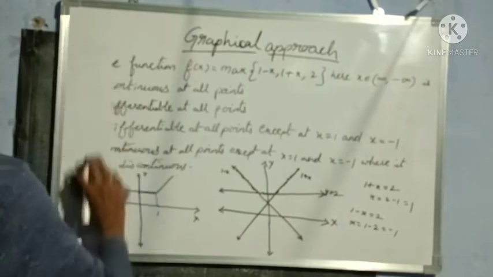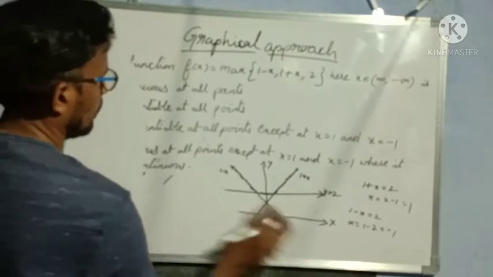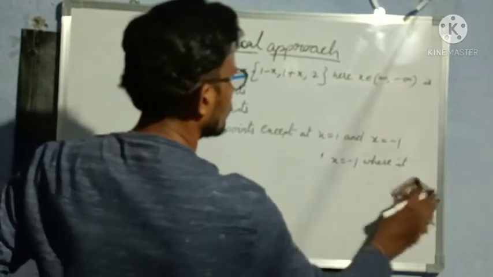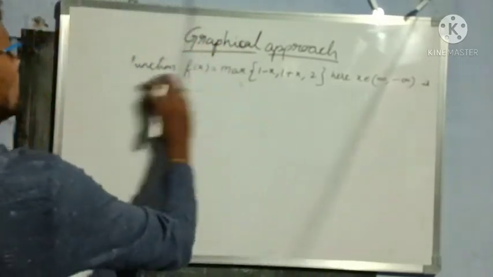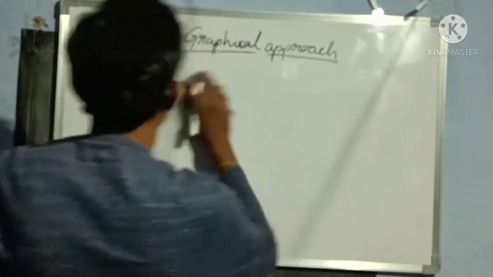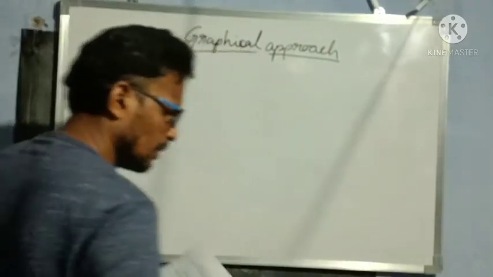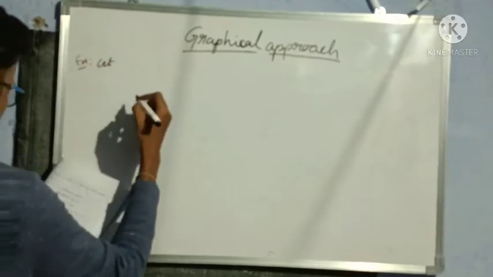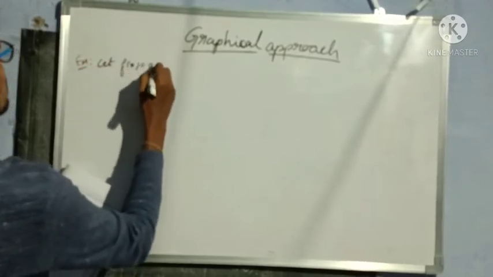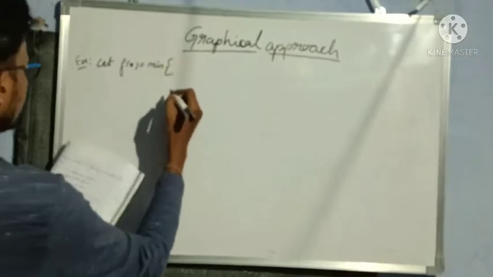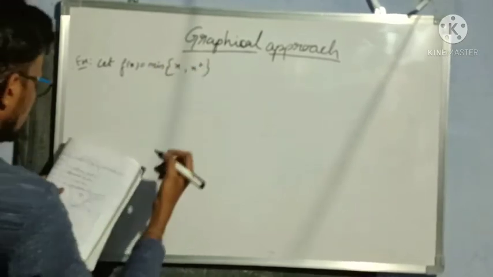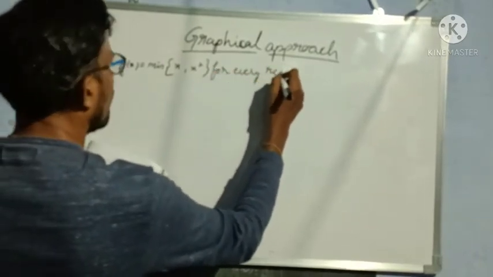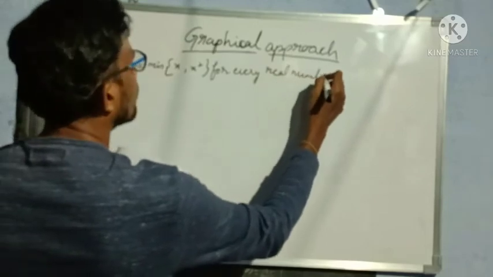Next example. Let h of x is equal to minimum of x comma x square for every real number x.